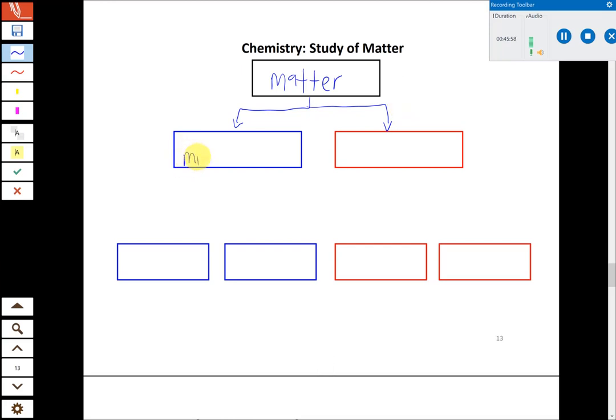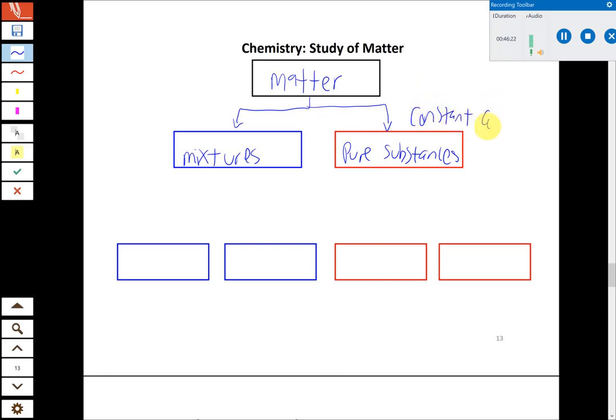There are two major classifications of matter. There's mixtures, and then there's what are called pure substances. Most of what we'll deal with, especially in the early part of the course, is pure substances. Pure substances are chemical materials that have constant composition.